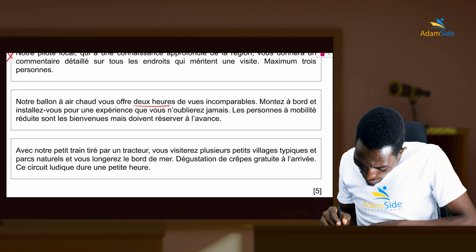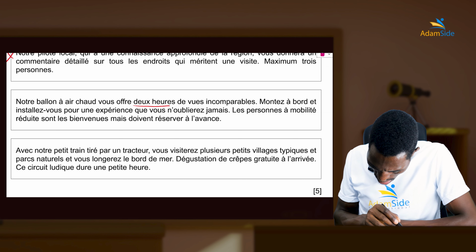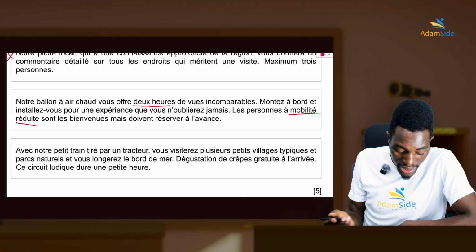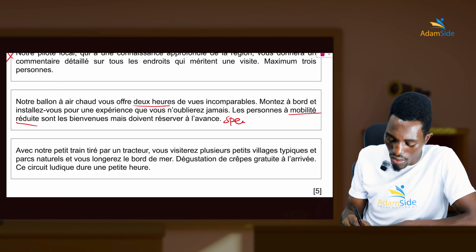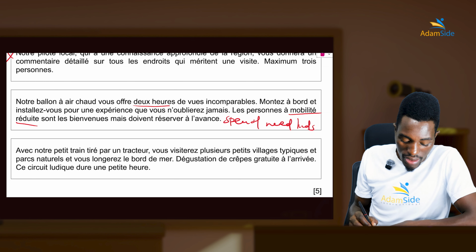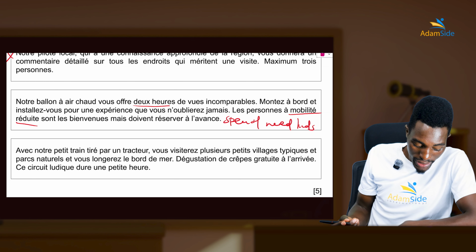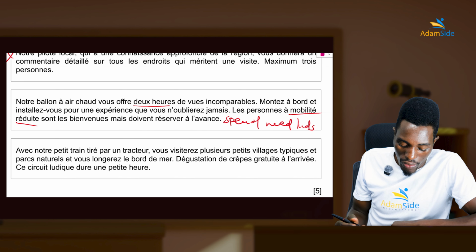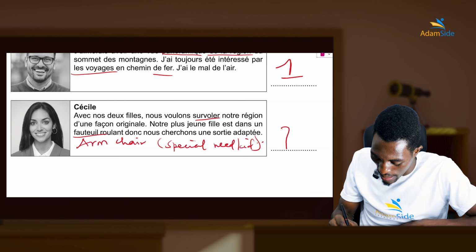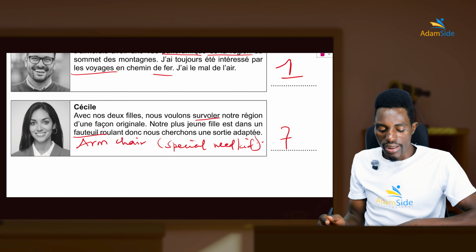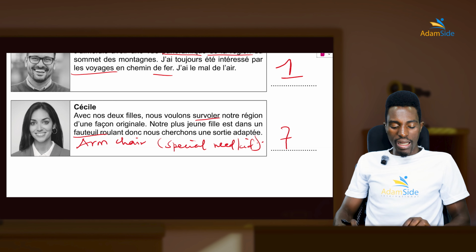Les personnes à mobilité réduite sont les bienvenues. So this is for special needs. Then number 7 fits Cécile because she has a special needs kid. We go and write number 7. Then that's how we do question number 5.